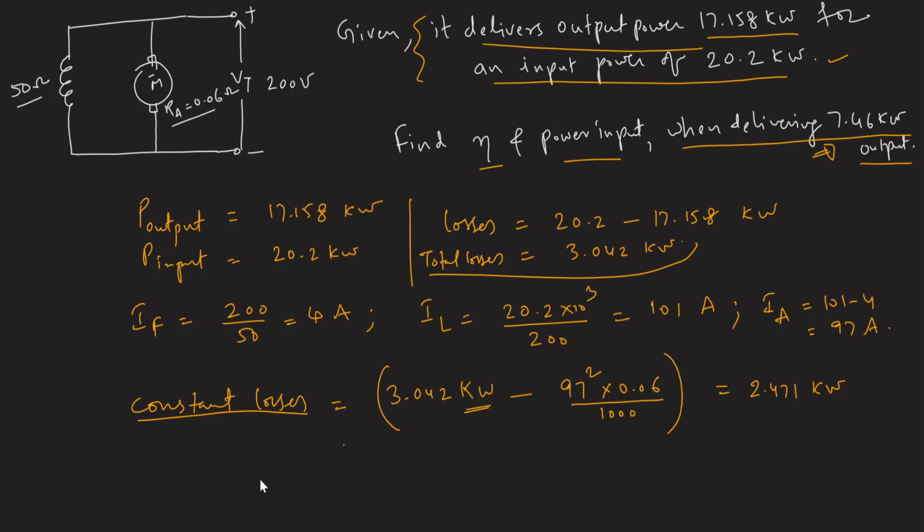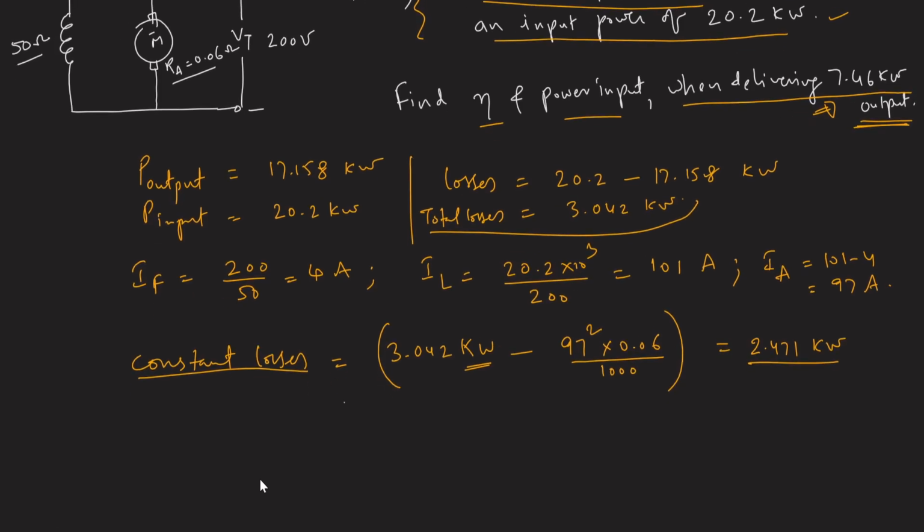Now this is the constant losses. Now come to the second operating condition. Second operating condition is given that P output is equal to 7.46 kilowatts. So we want to find out efficiency and power input.